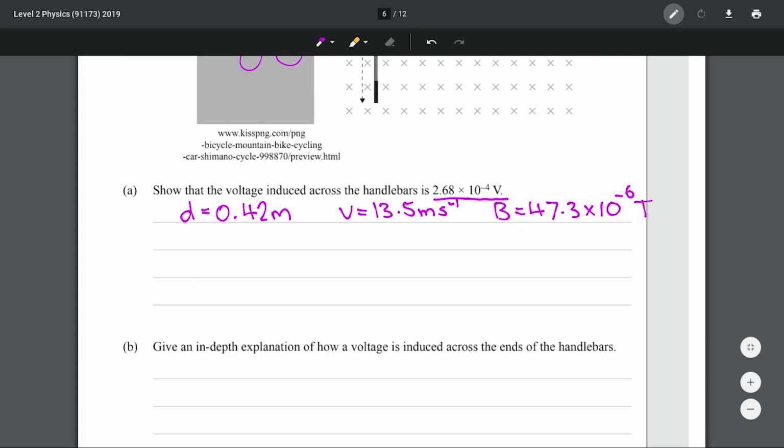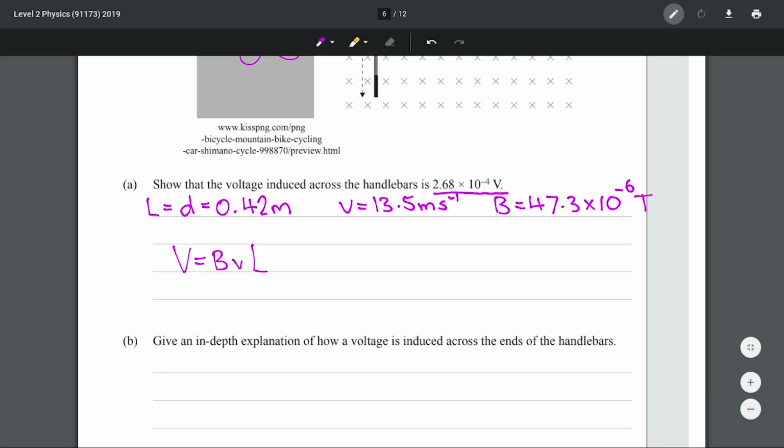And so the equation that we are interested in here is voltage is equal to BVL, where I have already made a little faux pas. I've called our distance D, where that is equivalently our length of our wire, if you like, in our field. And now all we need to do is just plug in our numbers.